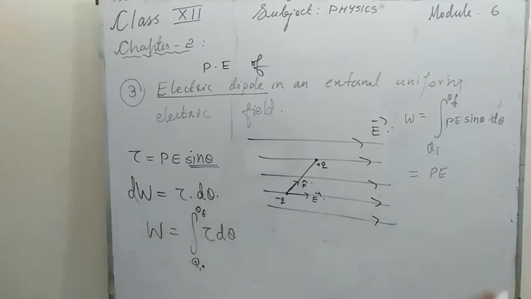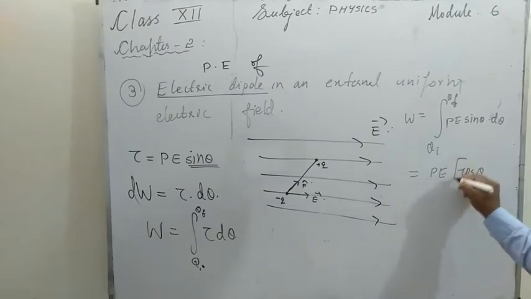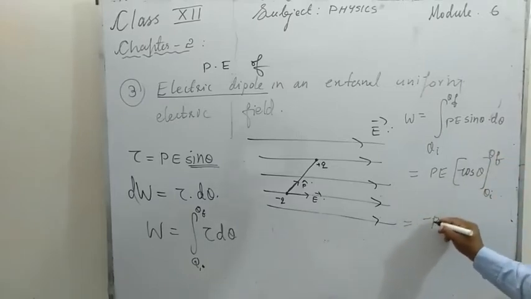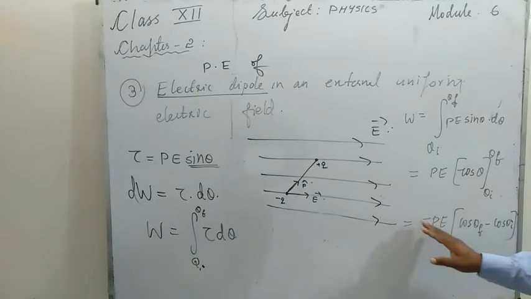What is the integration of sine theta? It is minus cos theta, from theta initial to theta final. So minus P cos theta final minus, minus cos theta initial. Keeping the minus, you get P cos theta initial minus P cos theta final.